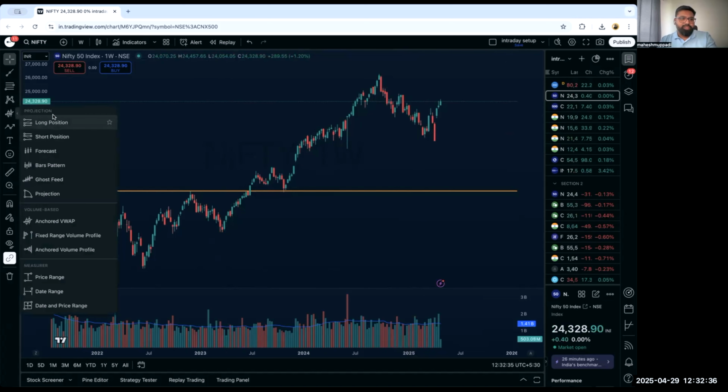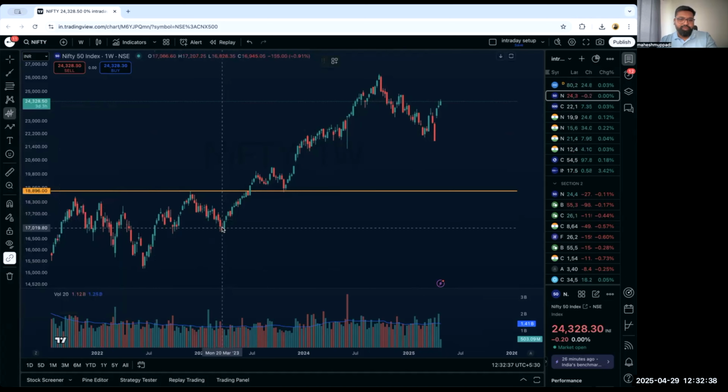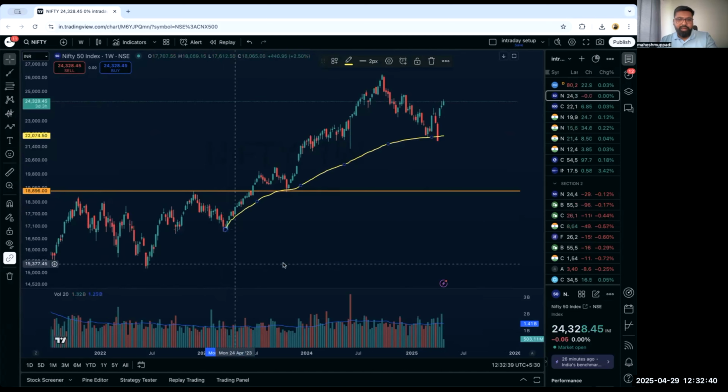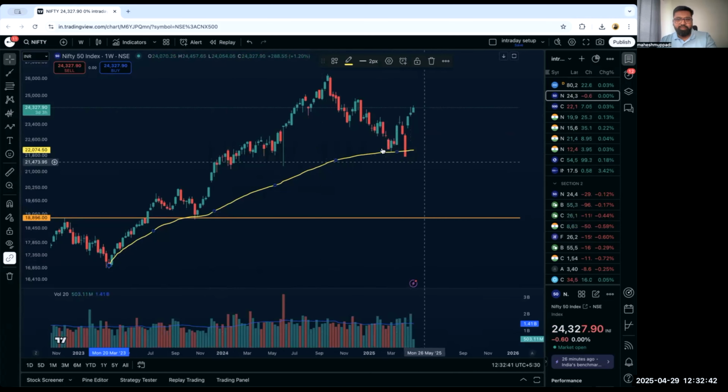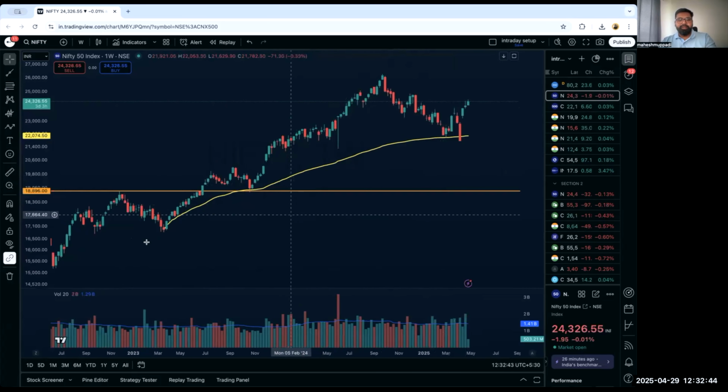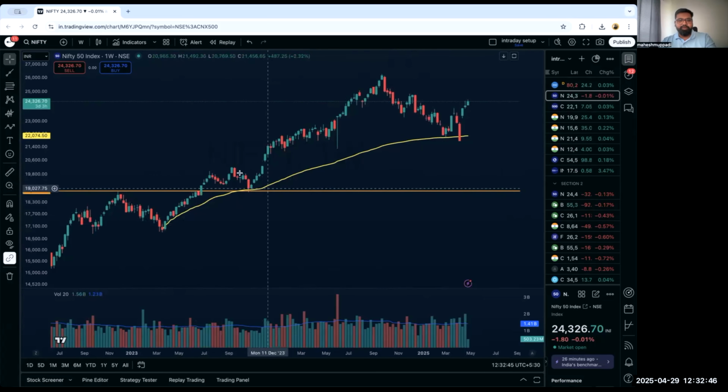In the projection point, there is an anchored VWAP. If I apply the anchored VWAP, I get this as a support level. You can see that price has previously also taken resistance on the chart at this level.